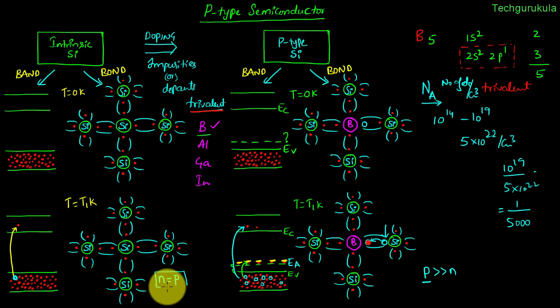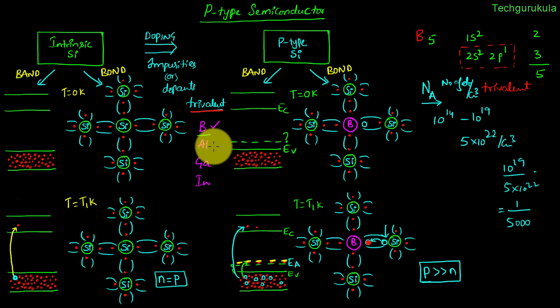So when we compare with the intrinsic semiconductor, the hole concentration is far greater than the electron concentration. That's why we call this semiconductor, which is doped with trivalent impurity, a p-type semiconductor, which is also called an extrinsic semiconductor, because we have external material added in a controlled manner into a pure intrinsic silicon or semiconductor.